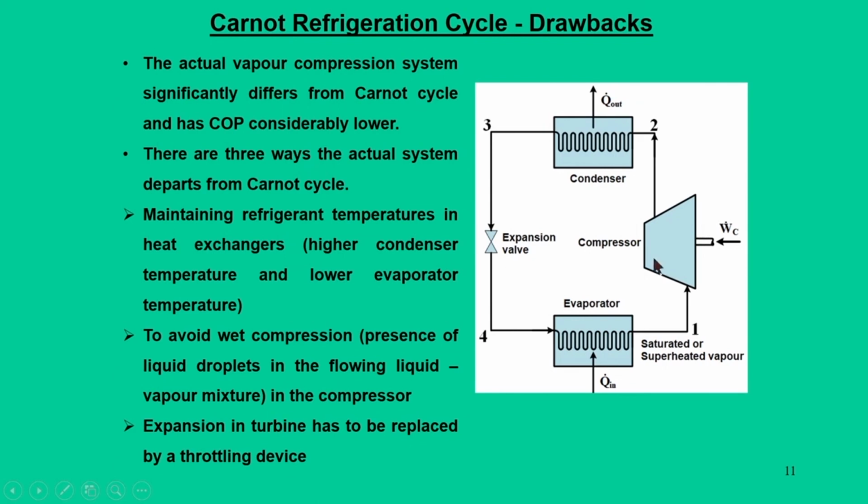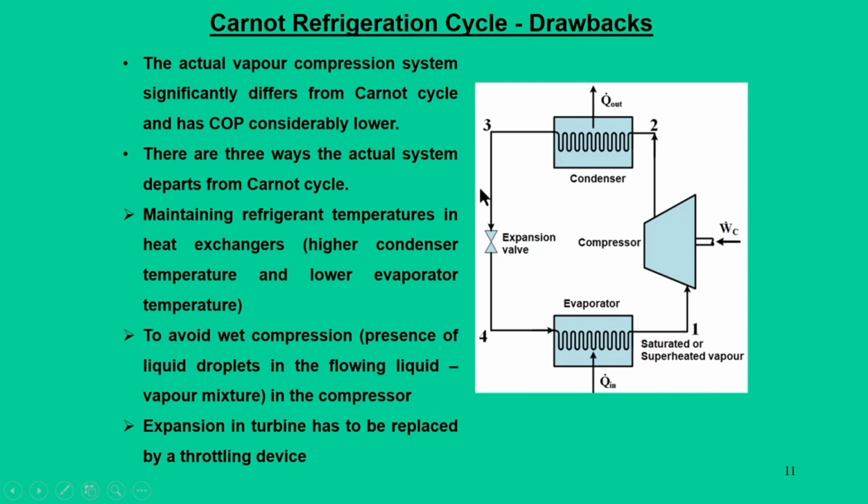Your main work input goes into the system through the compressor. So, putting a very big device in the name of a turbine does not make sense. The turbine is replaced with another device, which we call an expansion valve. That is the reason the Carnot cycle differs from actual vapor compression cycles.